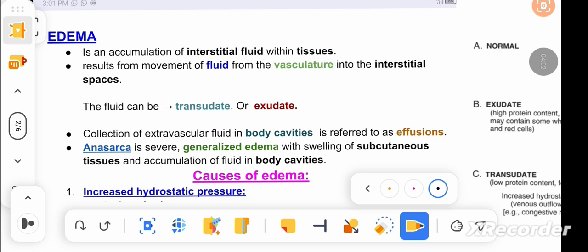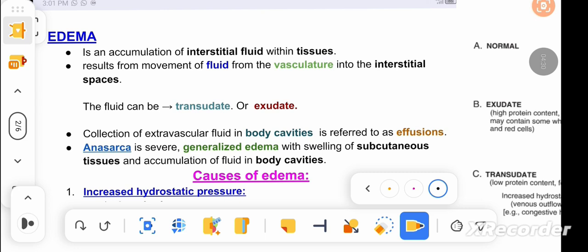Then we have the peritoneum, okay, in the abdomen. So accumulation of fluids in those body cavities is called effusion. If it is in the pleura, we say pleural effusion. If it's in the pericardium, we say pericardial effusion. If it is in the peritoneum, we say ascites.